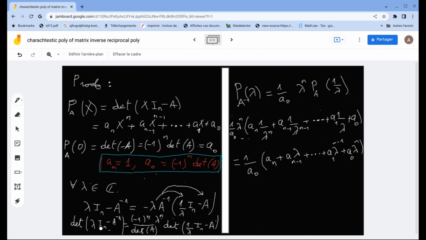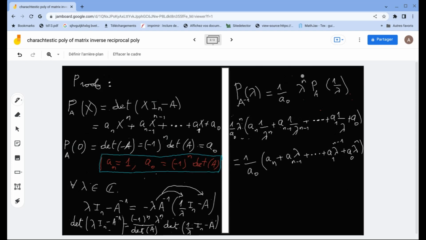So here the characteristic polynomial of A inverse, here 1 over a0, here lambda power n, the characteristic polynomial of A evaluated at 1 over lambda.